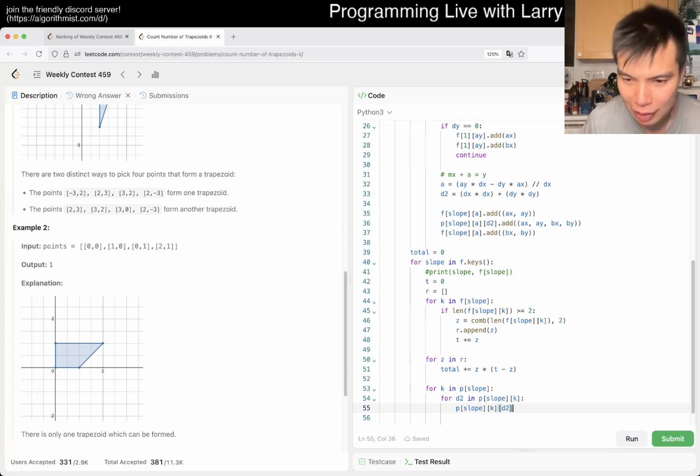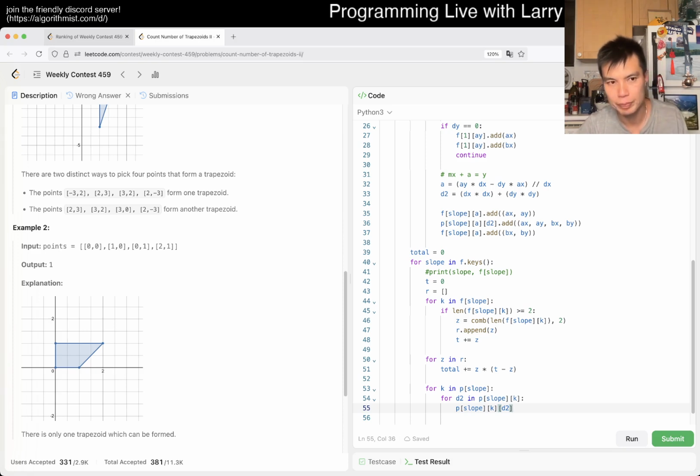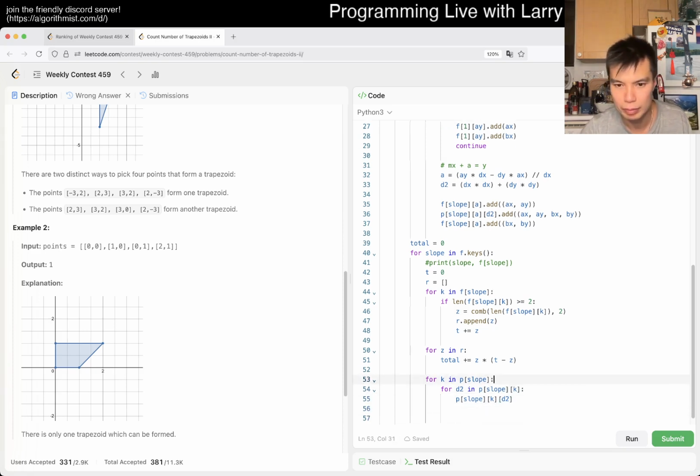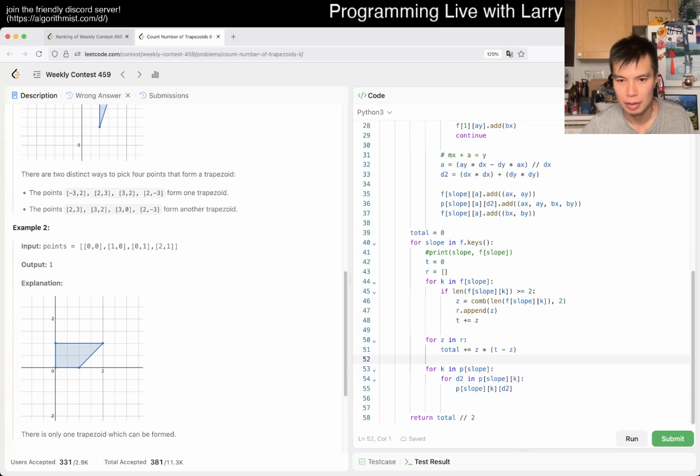Okay, fine. So then now we want to sum up, for a given slope, we want to sum up the distance. So D, we just add the count of it.